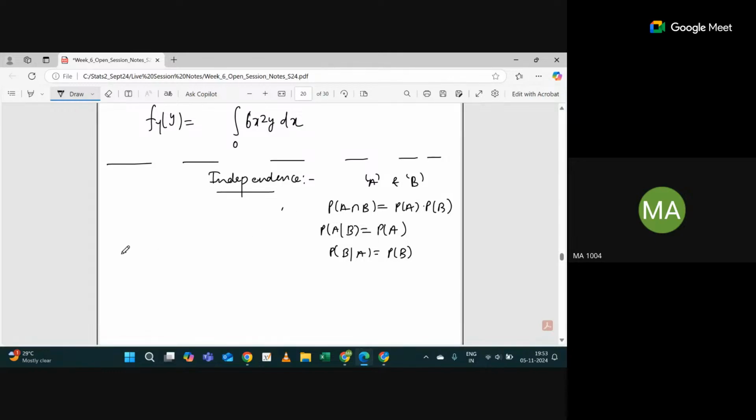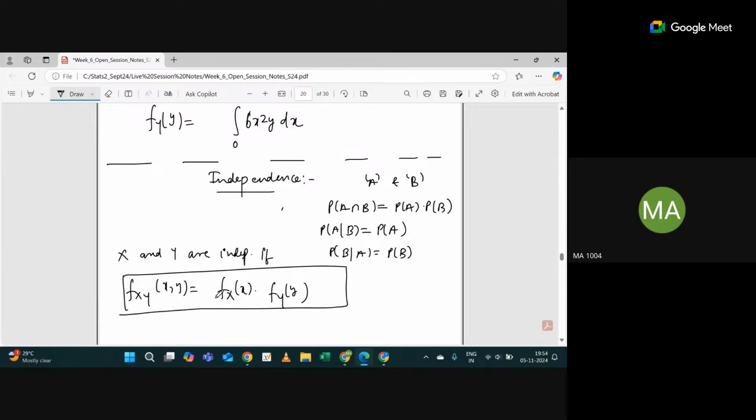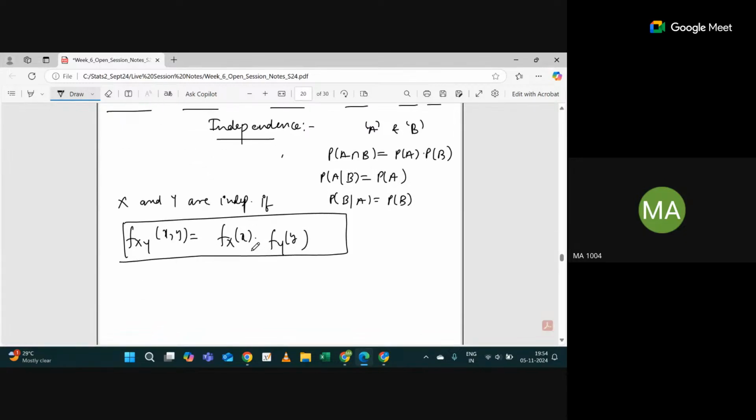So I will say two random variables X and Y are independent if their joint PDF is equal to the product of their marginals. If this is true, you will say X and Y are independent.